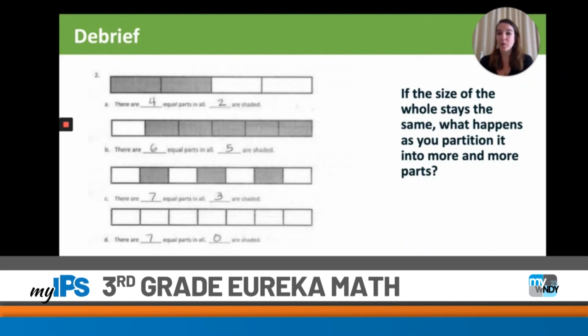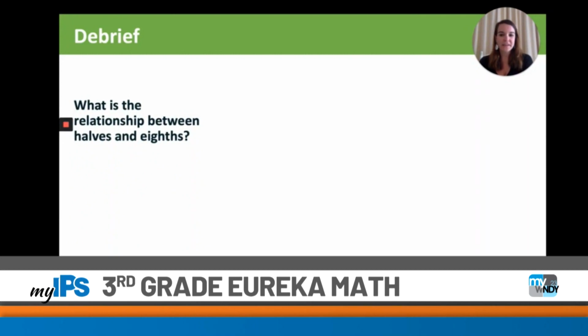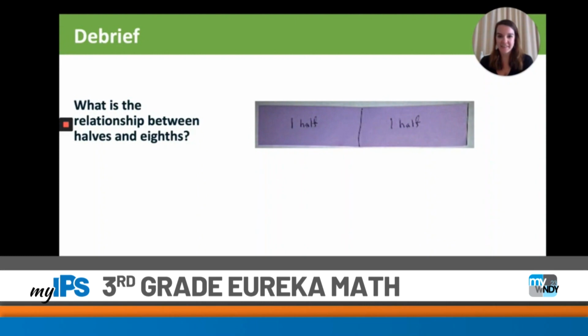Let's think about one more question. What is the relationship between halves and eighths?